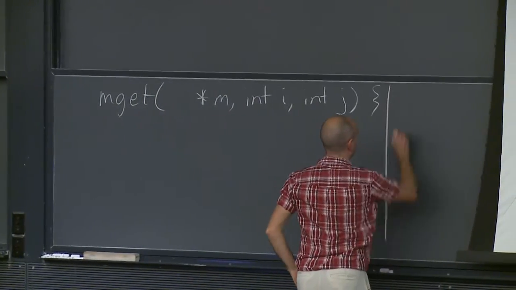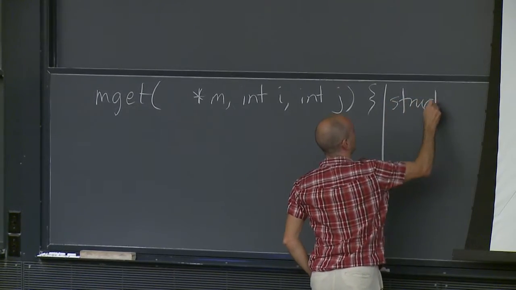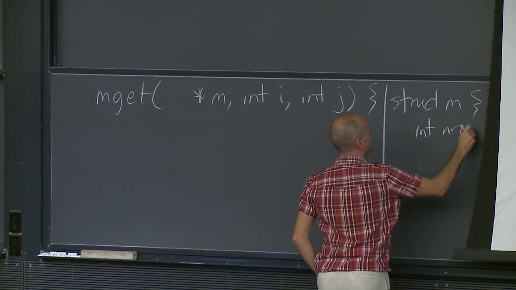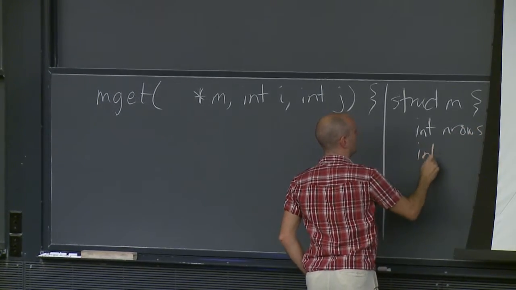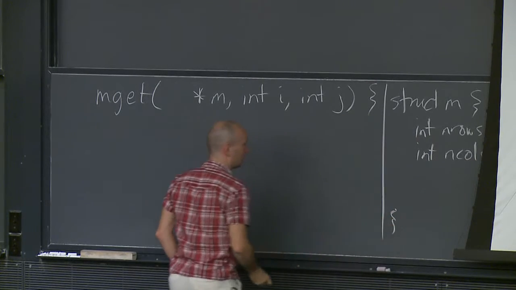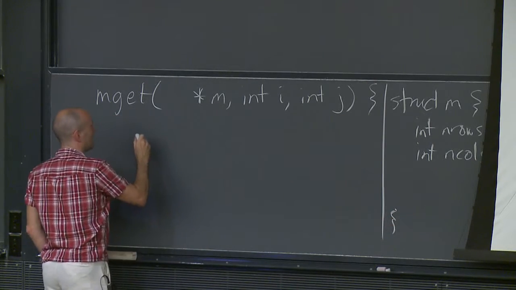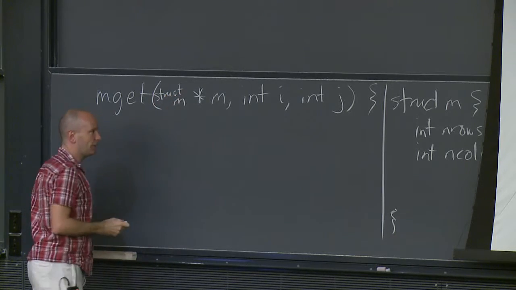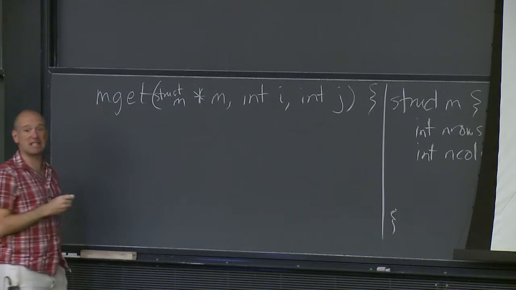So we have some struct: int n rows, int n cols. And this is a pointer to that struct. We know what the first line of code here is, most likely, right?